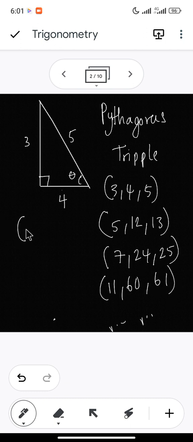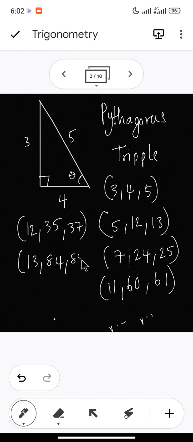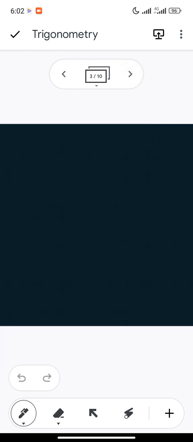Another example is 12, 35, 37. And we also have 13, 84, 85. We also have 20, 21, 29, and so on and so forth. Understand? So there are lots of Pythagoras triples, but we'll just take these ones as reference for examples. Now let's take a question.